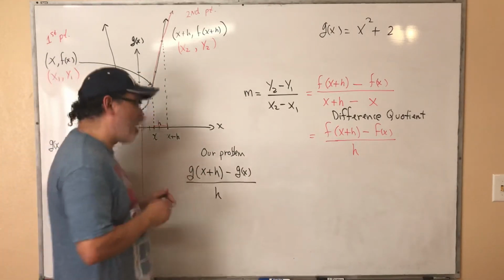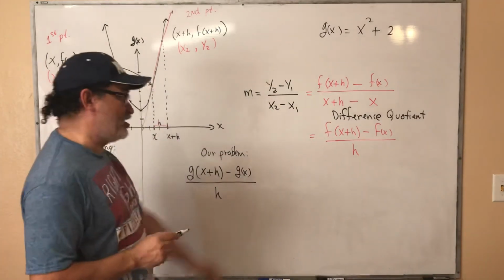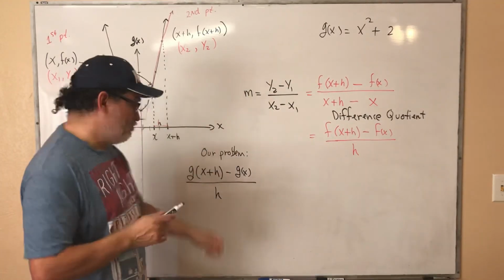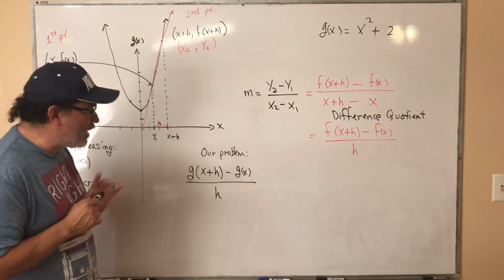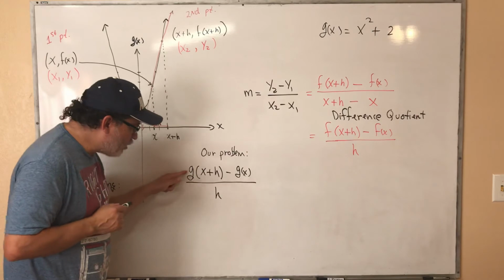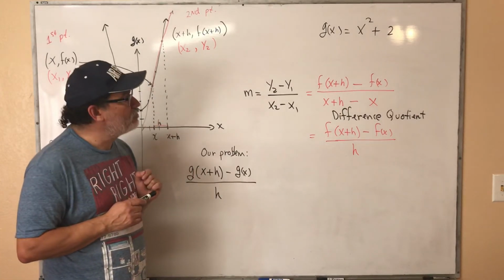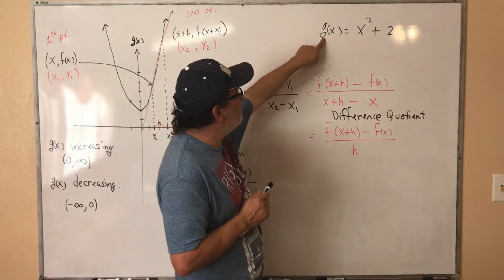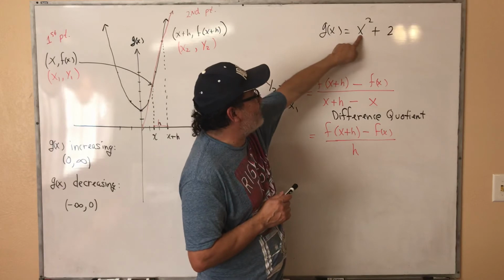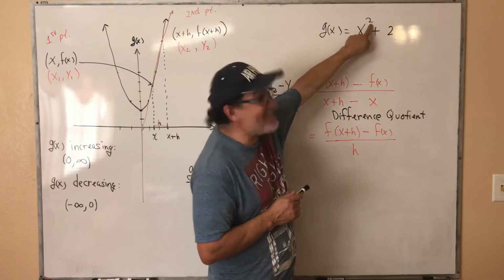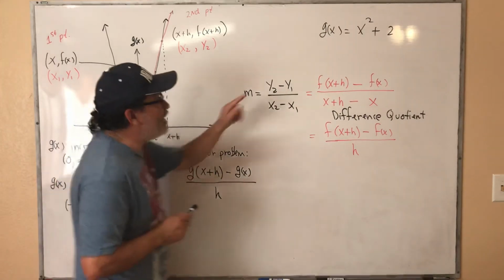That's our problem. This is general. This is for any function. But for our problem, G. Wait a minute, guys. What will G do to this x plus h? There's G. G is going to take x plus h and square it, and then it's going to add 2.